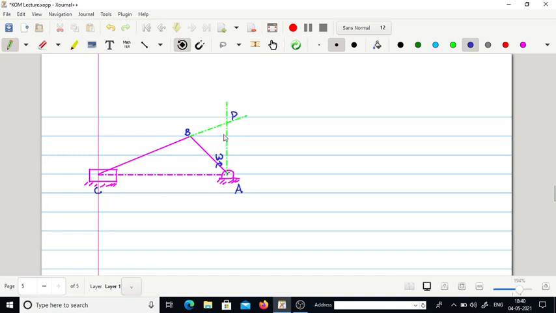Now in order to draw the acceleration diagram, let us first draw the acceleration diagram for this slider crank mechanism using the relative method, the normal method.